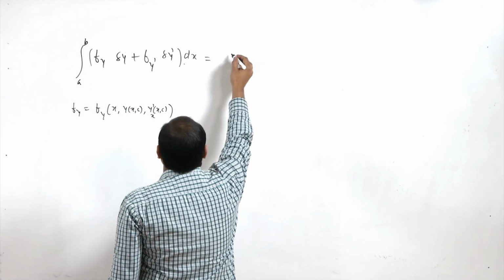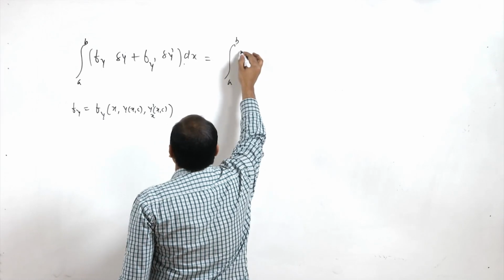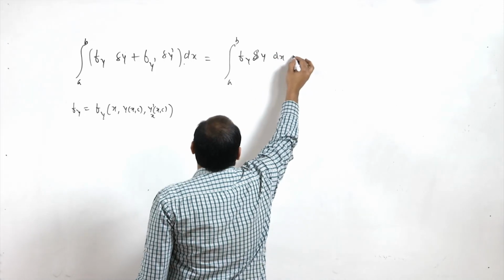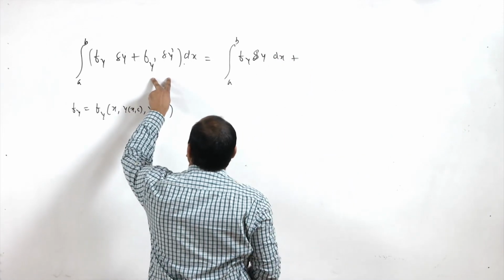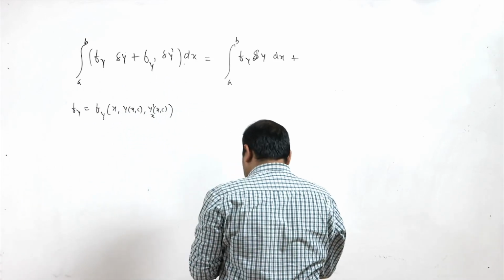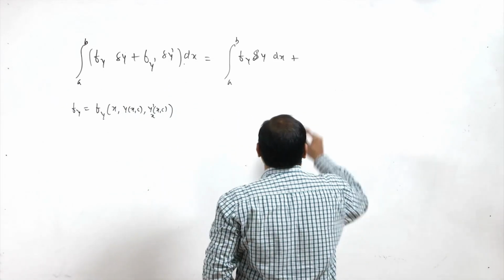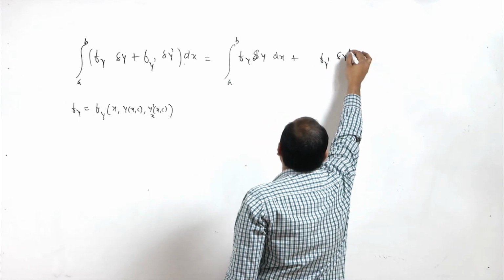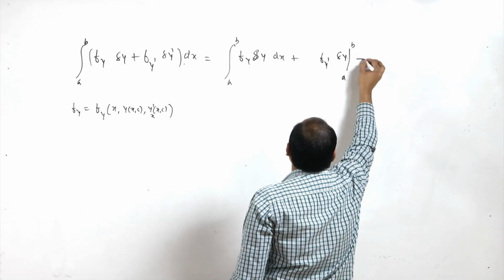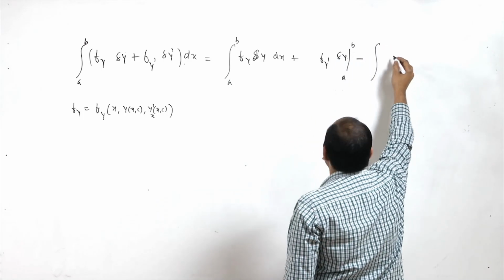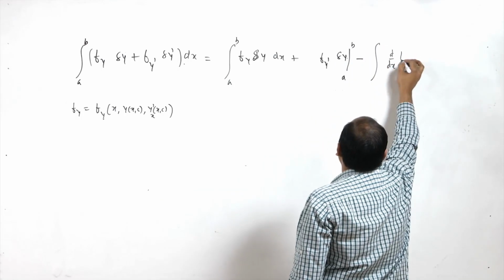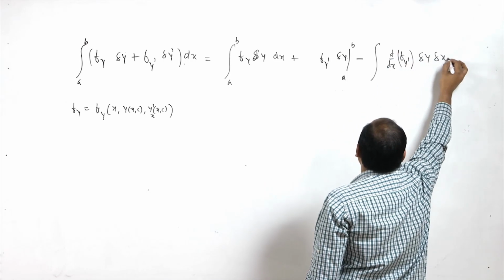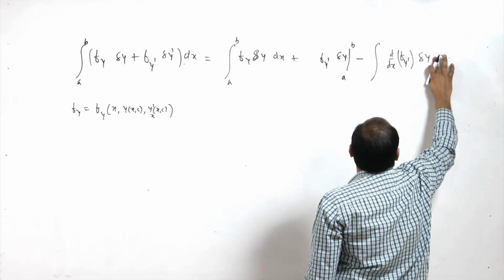Now here we can say that the first term is as it is, the integral from a to b of f y delta y dx, plus we are looking at this term and using integration by parts. So here we can write f y dash delta y at a and b, minus the integral of d by dx of f y dash times delta y dx.